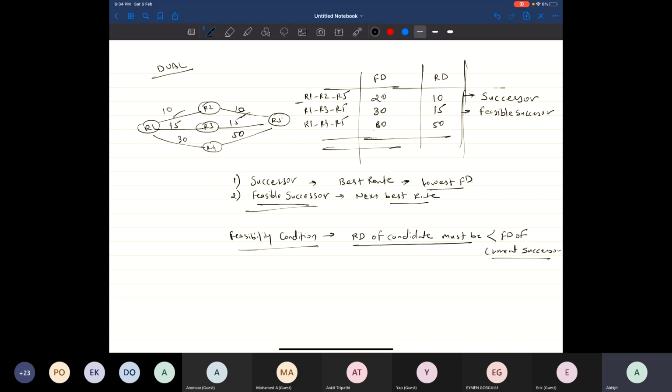And what about the third route? Does the third route satisfy the condition, that its RD is less than the FD of the current successor? If you consider the value, is 50 less than 15?